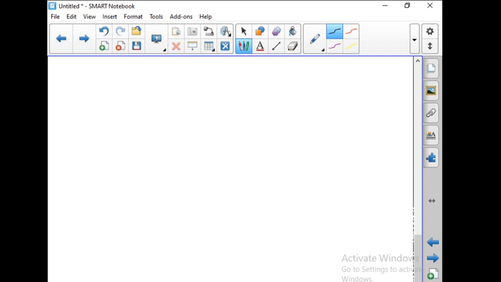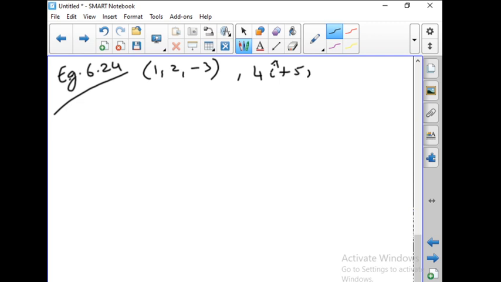So now coming to example 6.24. A straight line passes through the point 1, 2, minus 3 and is parallel to 4i cap plus 5j cap minus 7k cap.